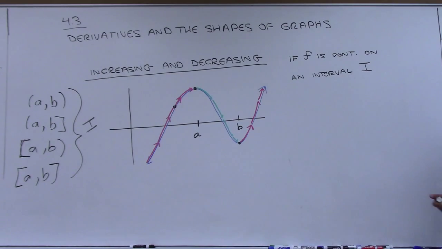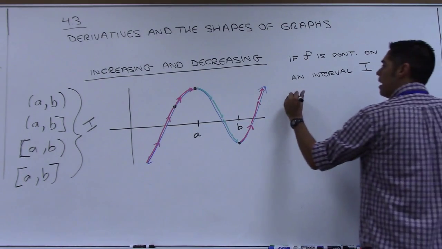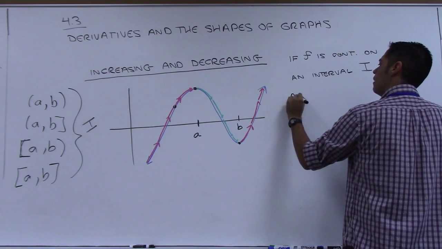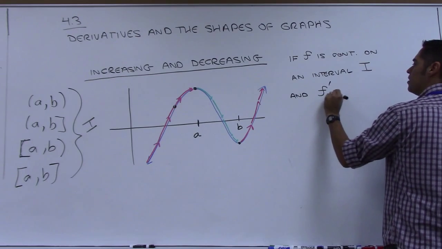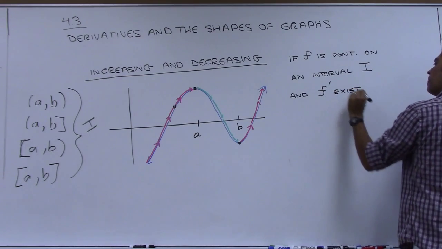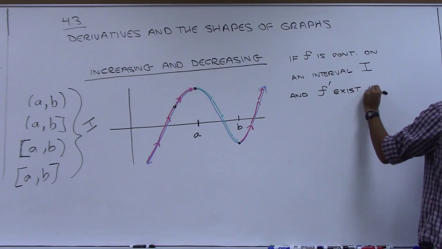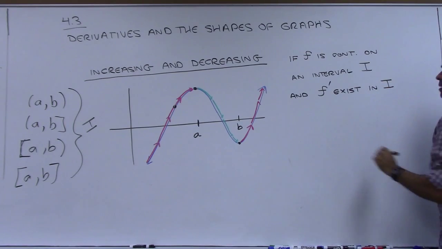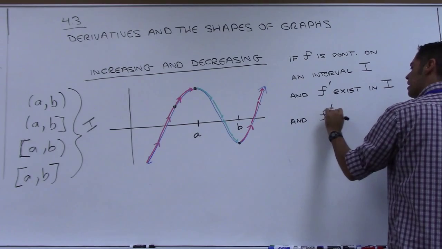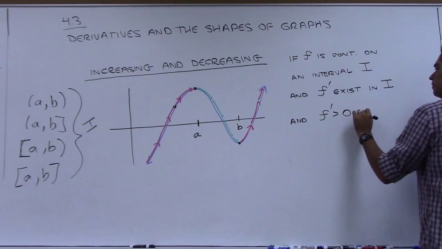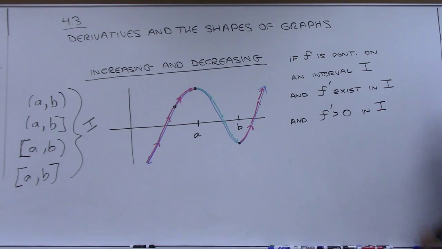So let's say that f is continuous on an interval I, and f prime exists in the interval, and the derivative is positive in I. Then what can we say?